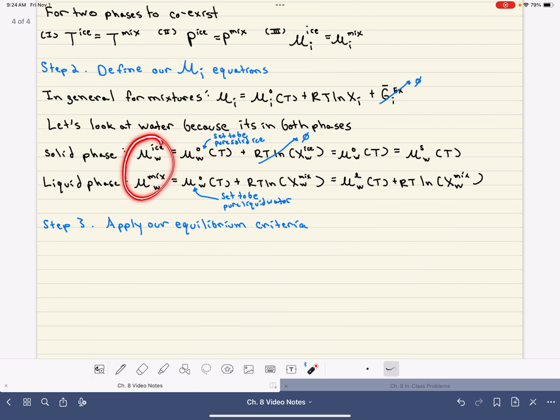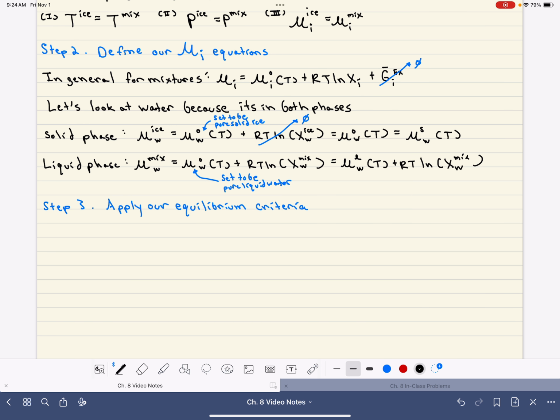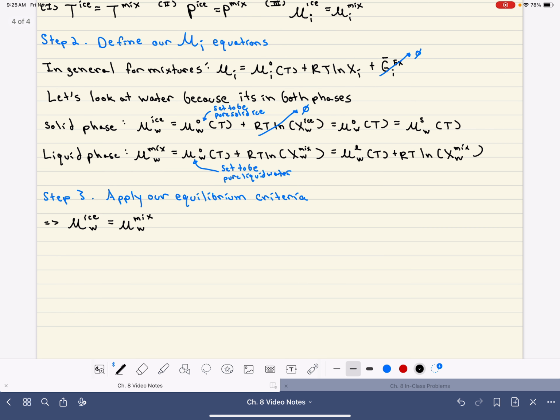And now that we have these equations to describe the chemical potentials, we could plug those in. So here, the chemical potential of the ice phase, we showed is just equal to that. First, we have the chemical potential of the ice phase is equal to the chemical potential of water in the mixture phase, right? So now we plug in for the ice phase.